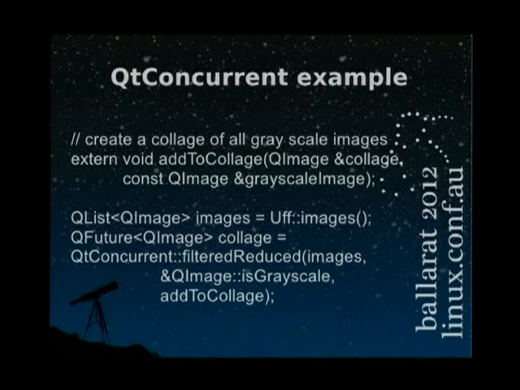So the result is actually this, the template of QFuture. And as a second argument is the image we want to add. So this function is called every time we are adding something to the result. So in 2 lines of code, you basically created a new image, except for the function, which of course you have to implement anyway.